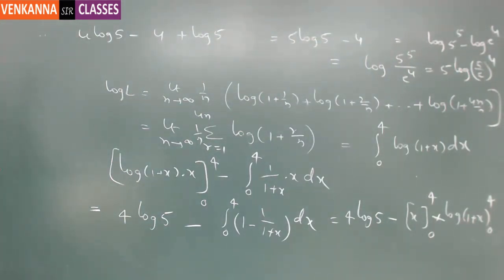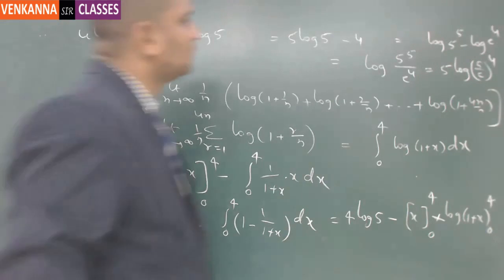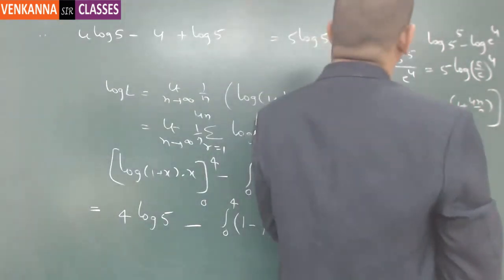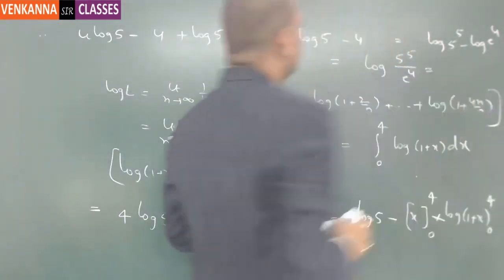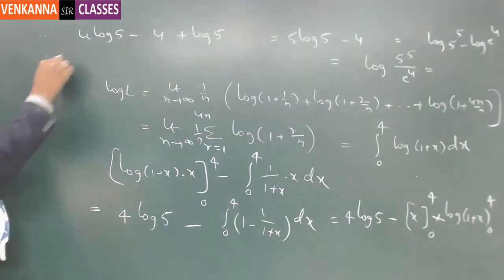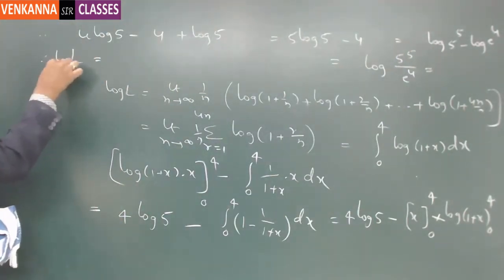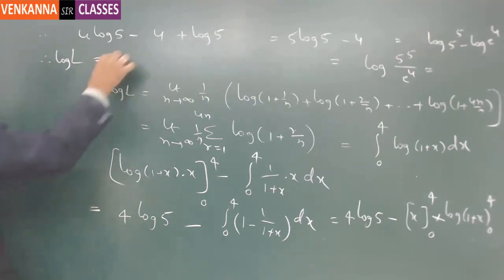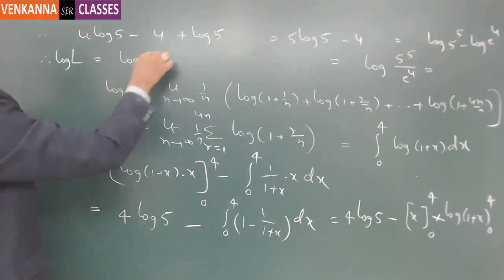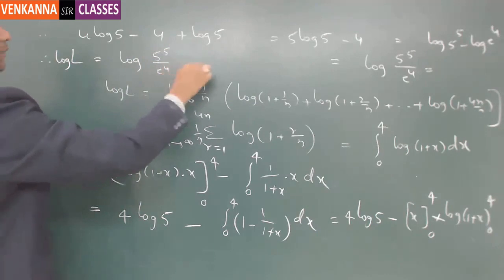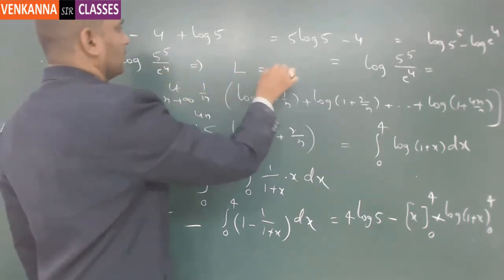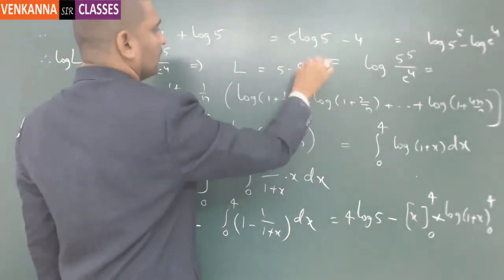So the given value is 5 by e whole power 4 into 5, or simply if you skip this part, that we will get.